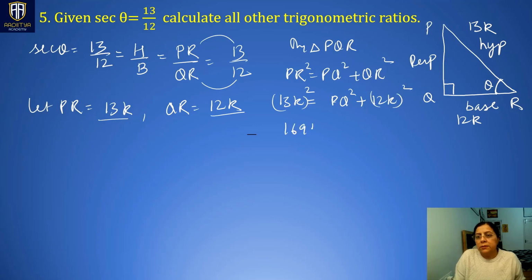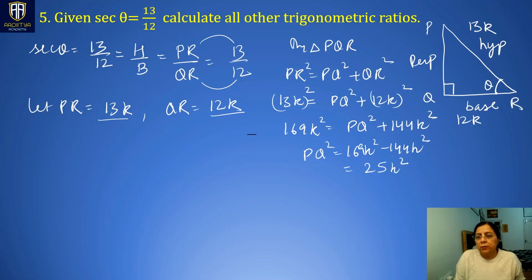This is 169K square equals PQ square plus 144K square. So PQ square becomes 169K square minus 144K square, which is 25K square. Taking the square root on both sides, PQ is 5K. Now we have got all three sides.